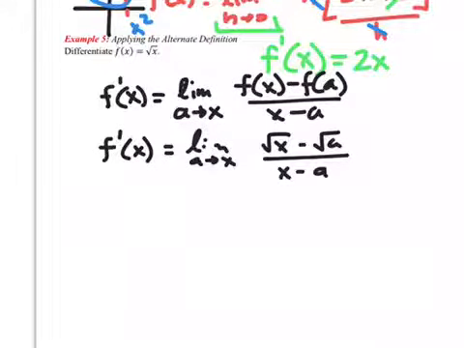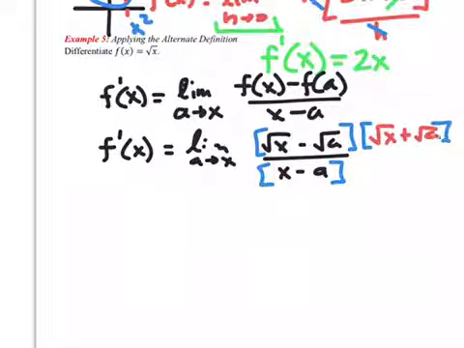And I'm going to employ one of my methods that we learned earlier on, which was to multiply by the conjugate. And the conjugate of square root of x minus square root of a would be the square root of x plus the square root of a on the top and the bottom.